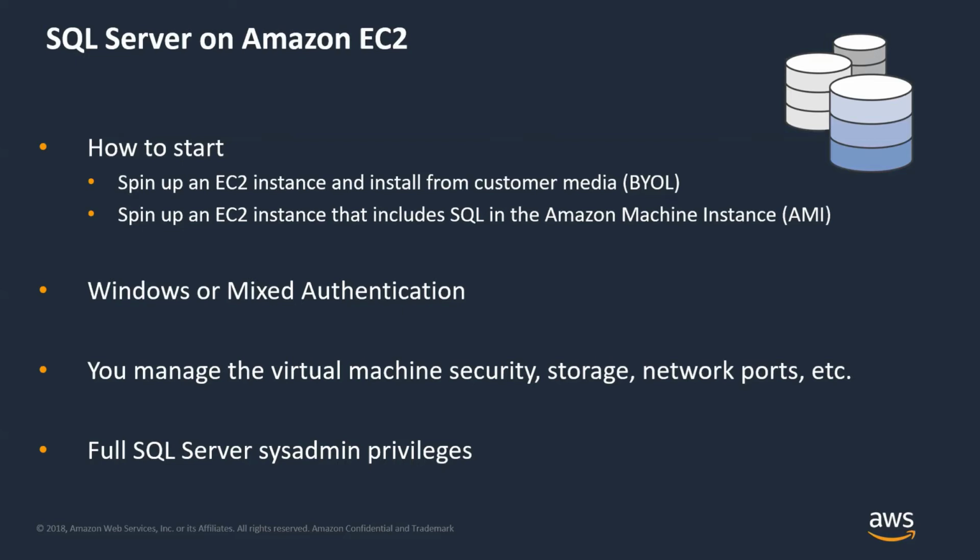Your authentication can be either Windows or mixed in this case. You will manage the virtual machines, storage, security, network, etc. And you will have full sysadmin privileges on that server.